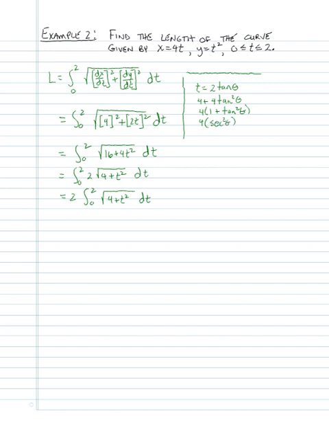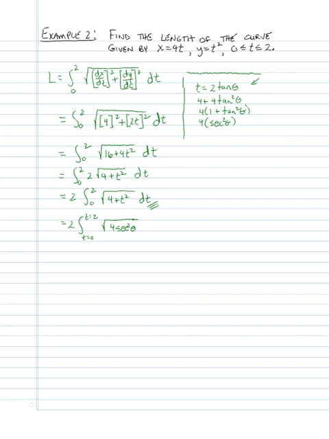So if we make this substitution, then our integral becomes the integral from 0 to 2. Now those are t values. Let's make sure we keep that in mind. Of the square root of 4 secant squared theta. But we still have to worry about replacing dt, okay?